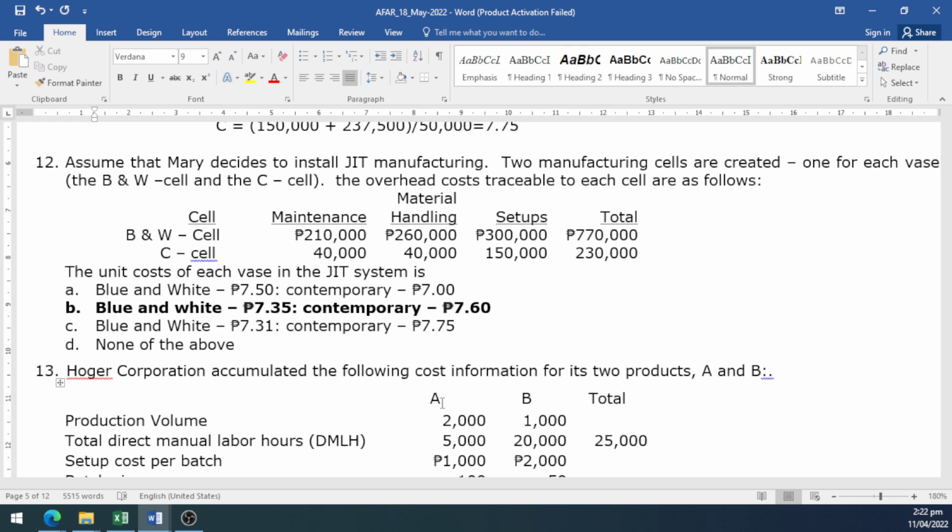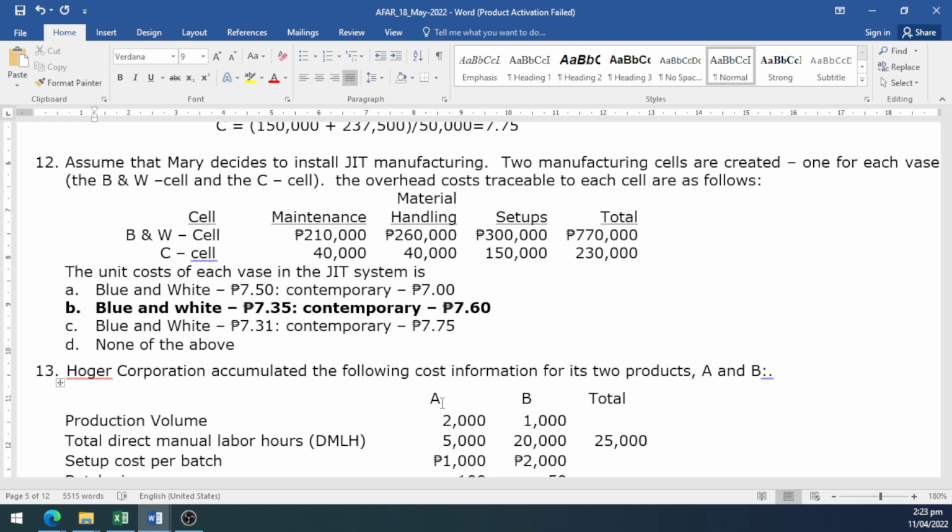Imagine nyo yung kanina, kung 3 departments yan, isang product dadaan sa 3 departments. Bawat department may overhead allocation. 1, 2, 3. Allocate na tayo ng allocate dyan. Ay kung 10 products yan, nadadaan sa 3 departments, 3 times 10, 30 na allocation ang gagawin mo. Ang problema mo, baka mali pa yung allocation mo, inaccurate yung cost, madi-distort.